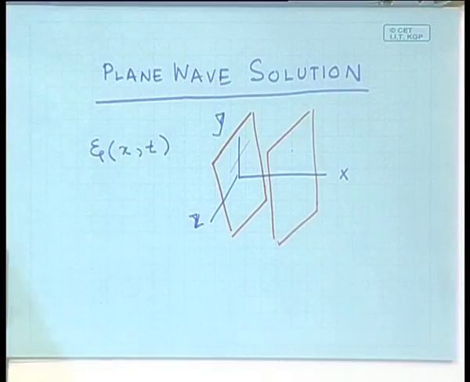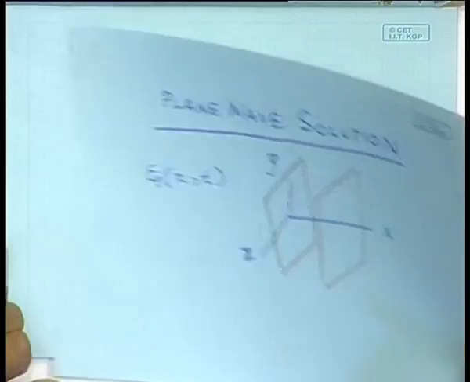When we speak of a plane wave solution, what we mean is that the value of xi is constant on planes, and in this case the planes are perpendicular to the x axis, parallel to the yz plane. If instead of x I had chosen y, then the planes would be parallel to the xz plane, and so forth. So in this situation, when xi is a function of x alone, the wave equation that we have to deal with is this.